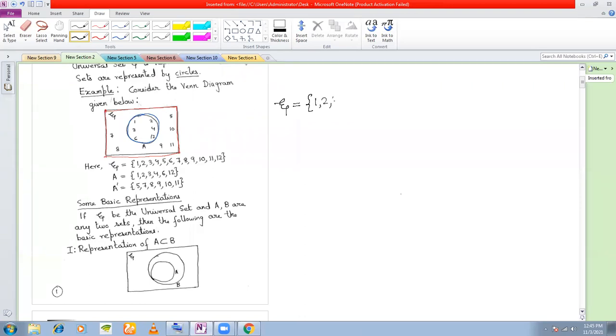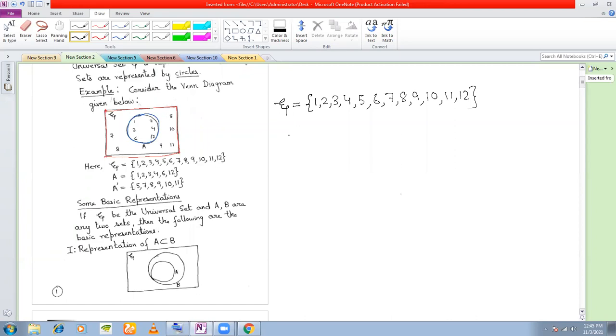It doesn't matter whether it's outside or inside the circle, as long as it is within the rectangle.